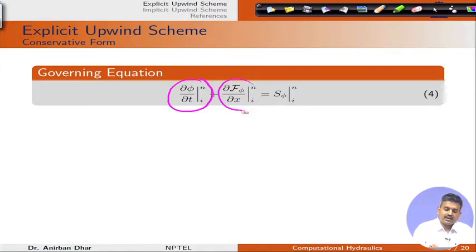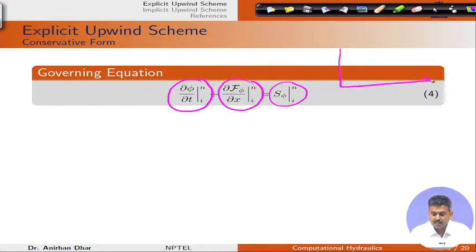we are discretizing it at the i, n level, this is the present time level. In this case we have one space axis and one time axis available.